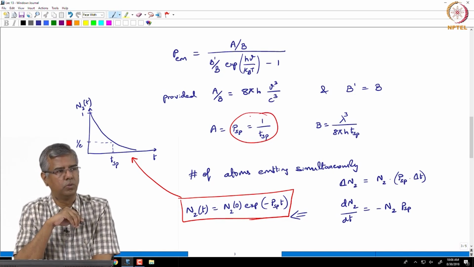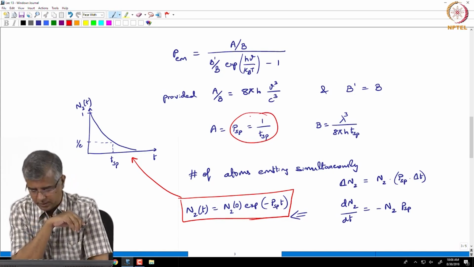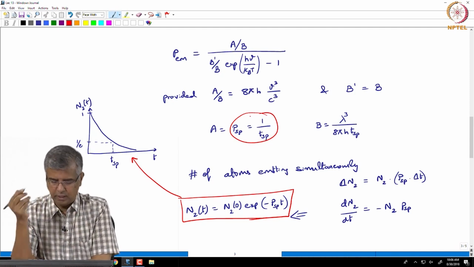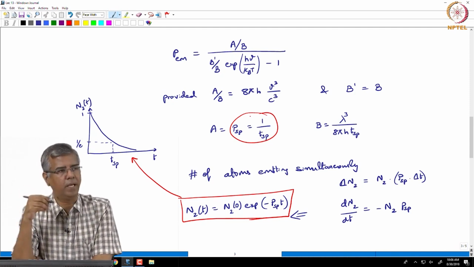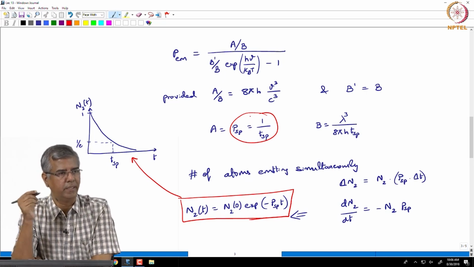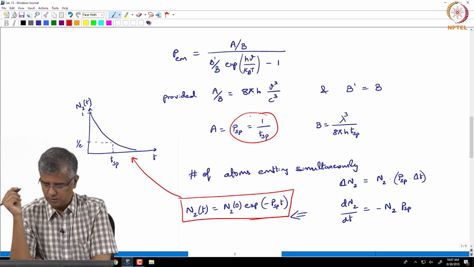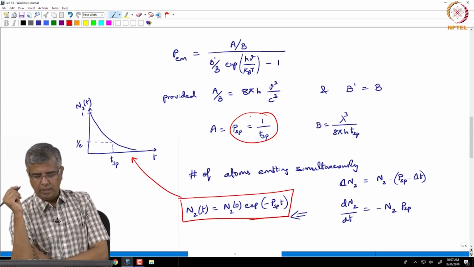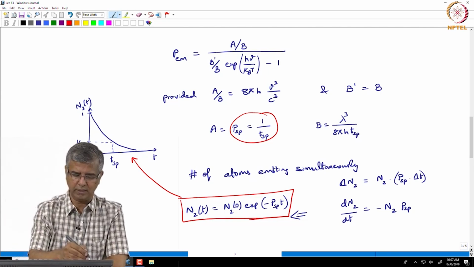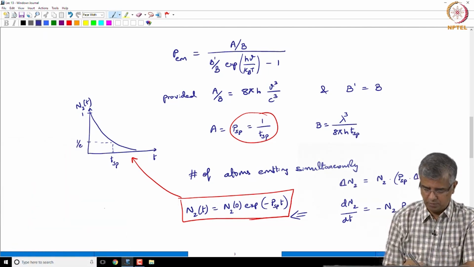PSP is equal to 1 over that spontaneous lifetime, okay, or rather that spontaneous lifetime corresponds to the time where that N2 population goes to 1 over E value of whatever it was at time equal to 0, right.